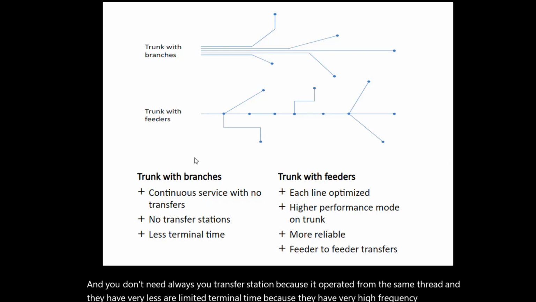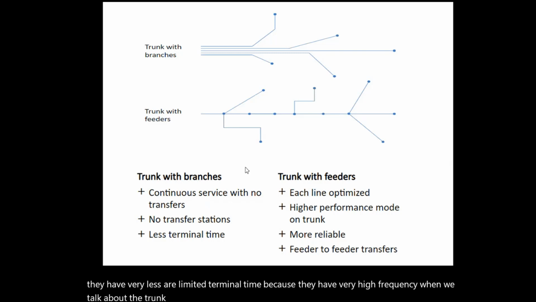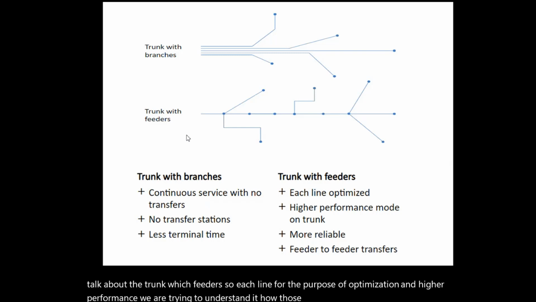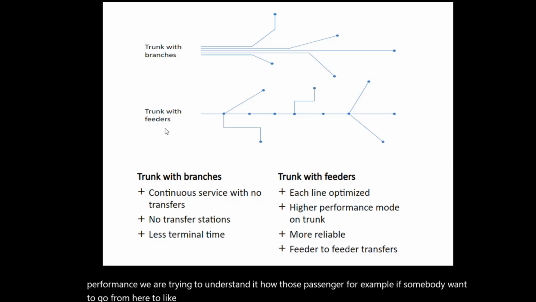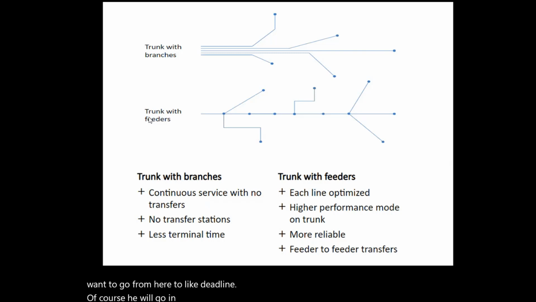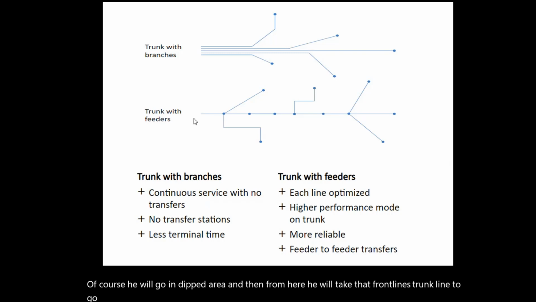When we talk about trunk with feeders, each line is for the purpose of optimization and higher performance. We are trying to understand how passengers, for example, if someone wants to go from here to that line, will go to that area, and then from here take the trunk line to go to that specific part.